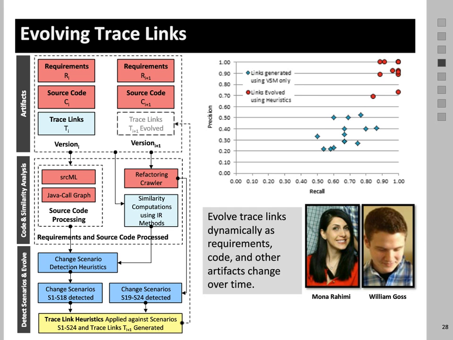And you can see the results in the top right-hand corner, which show that if we put this kind of infrastructure in place, the red dots represent the quality of the trace links following this process that evolves trace links, while the blue diamonds represent the quality of the trace links if we have to start from scratch when we submit our second version of the software. So evolving trace links is of great importance.